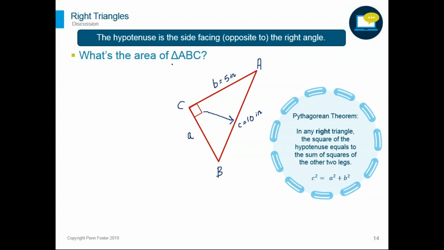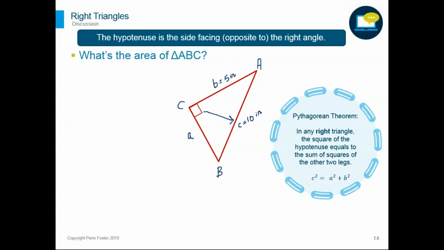So what's the area of the triangle ABC? Again, from the figure, maybe it's not in the wording of the question, but this box at the corner of the triangle gives you the information that this is a right triangle. What's the area of ABC? Let's see what's given first. I have one side and the other side.